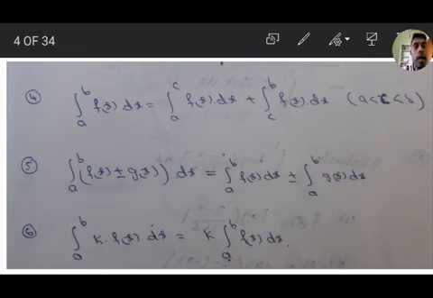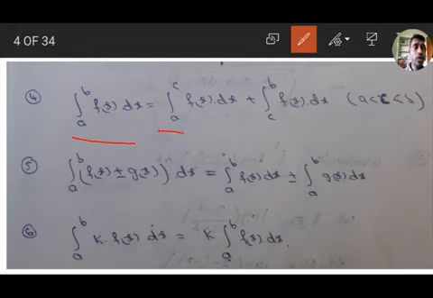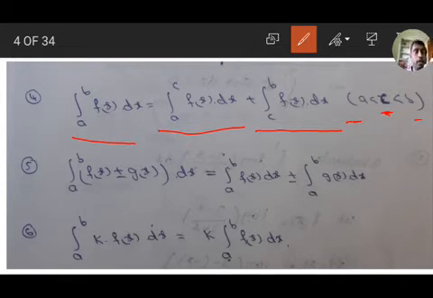Next, fourth property: integration a to b f of x dx equals integration a to c f of x dx plus integration c to b f of x dx, where c is between a and b.